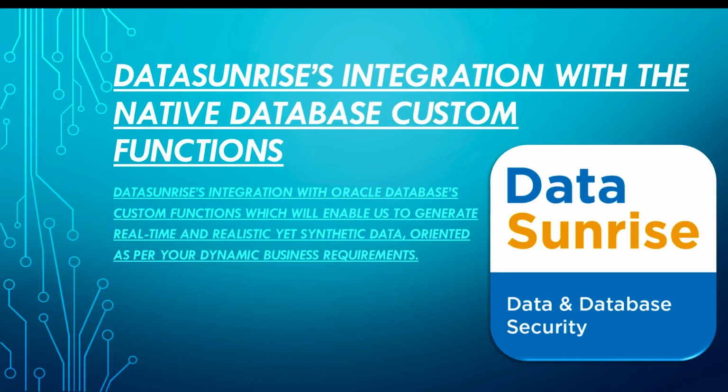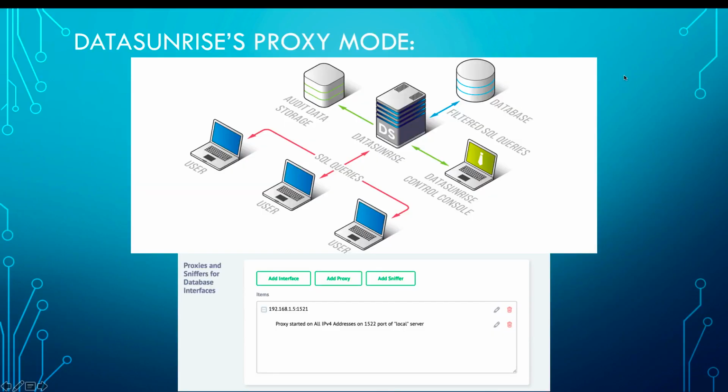So, in the next few slides, we'll be covering how you can connect to your database using DataSunrise infrastructure. We will cover this session using the proxy mode connection to DataSunrise.